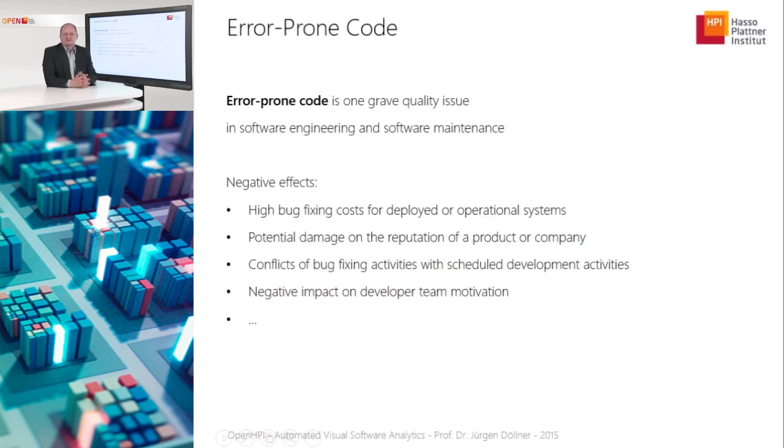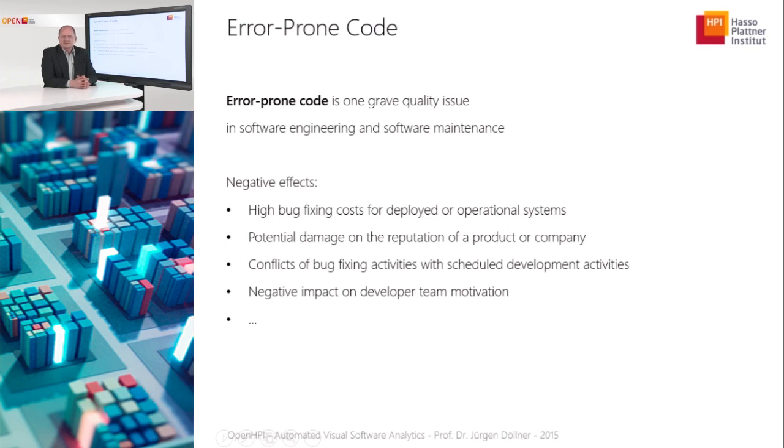This phenomenon is one grave quality issue in software engineering and, in particular, for software maintenance. It has many negative effects. Some of them are that high bug fixing costs result for the development, and in particular for operational systems if they have to be fixed.